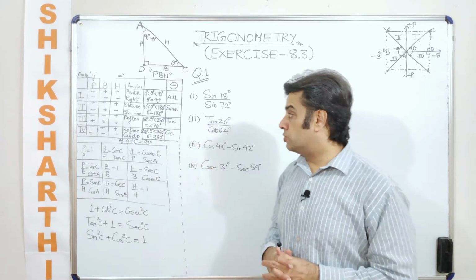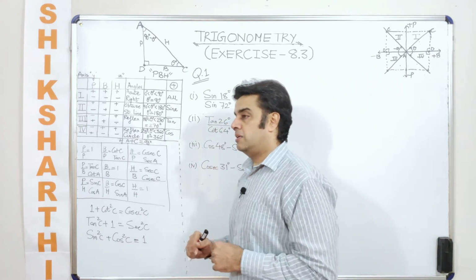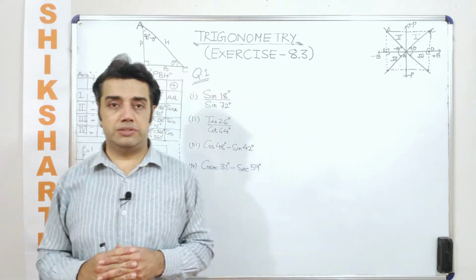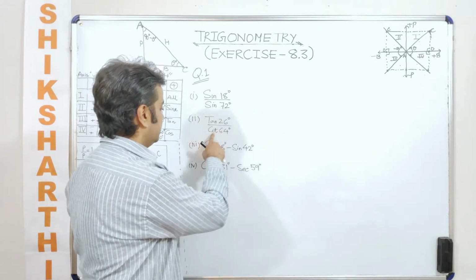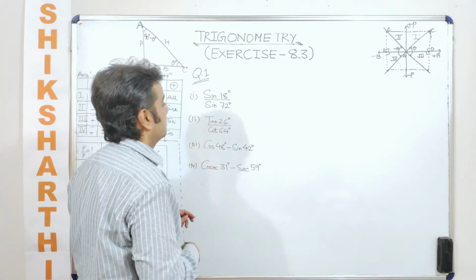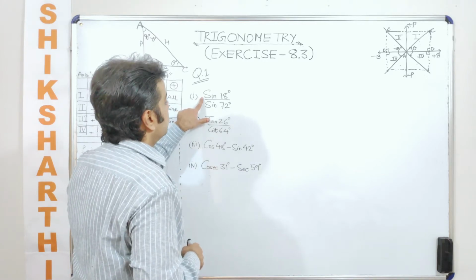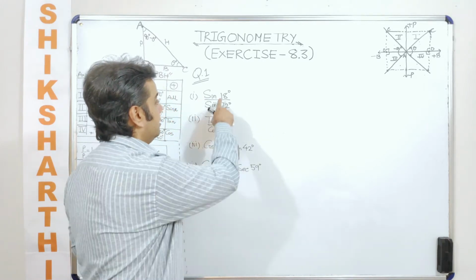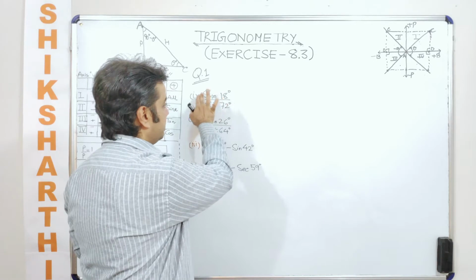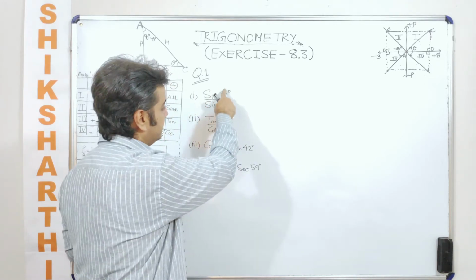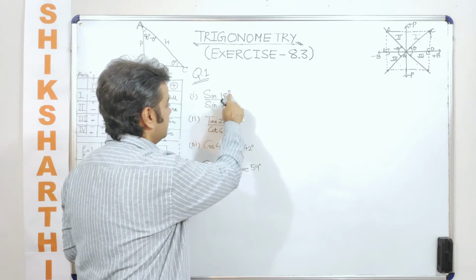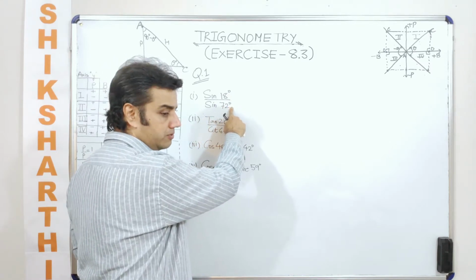Now question number 1 is subdivided into 4 parts: this is the first part, this is the second, this is the third, and this is the fourth. All you are expected to know here is, don't see the trigonometric part of it as of now, just see the angles here. Is 18 degrees plus 72 degrees equal to 90?